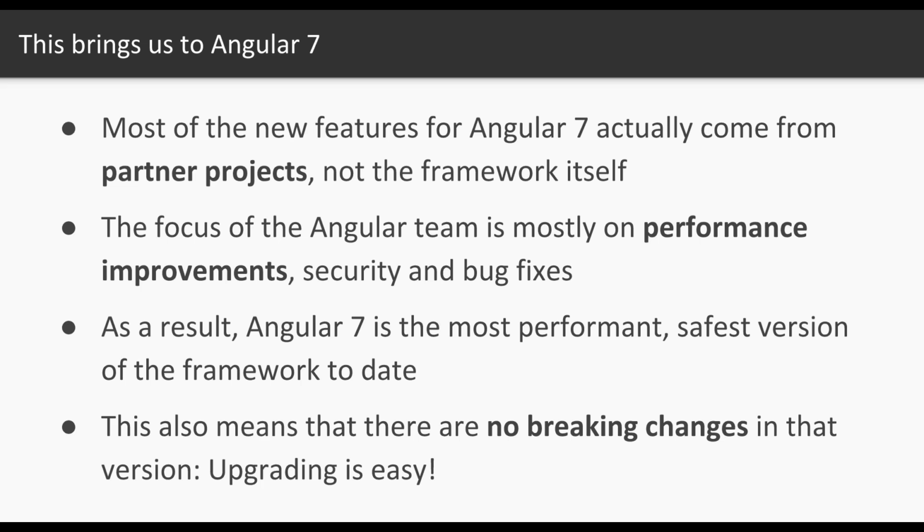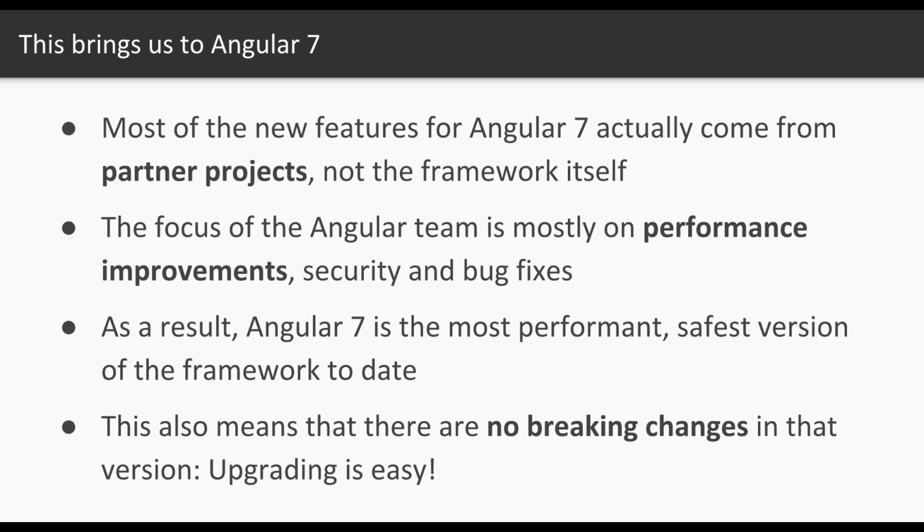And that's because the focus of the Angular team with all of these major versions is really performance improvements. So making things faster, making sure that our builds with Angular are smaller than ever so that when we deploy our code to production, it is fast, it works great, and we don't have any security issues.